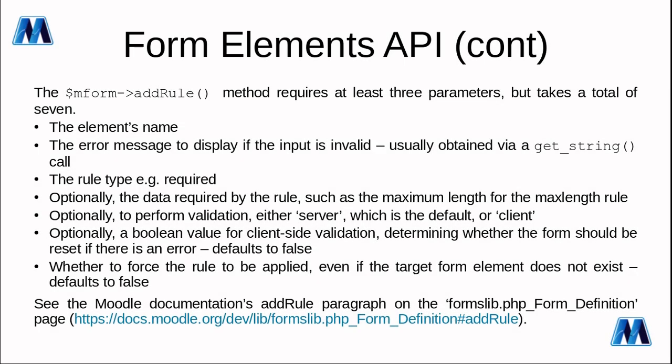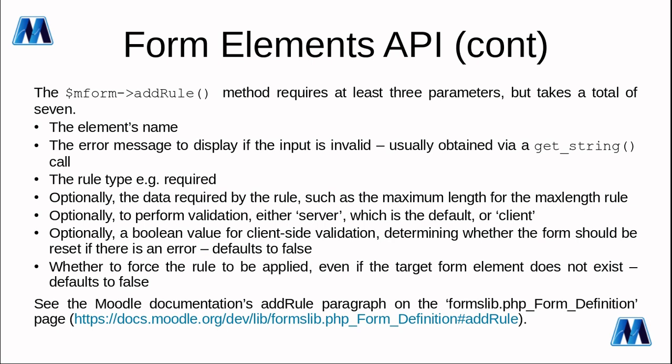Continuing with the add rule, the method requires at least 3 parameters but takes a total of 7. So you've got the element's name, the element that the rule is being applied to, the error message if the input is invalid, usually got with a get string call, and the rule type like we've just mentioned, like required, max length, etc.